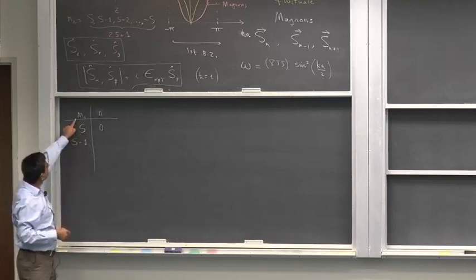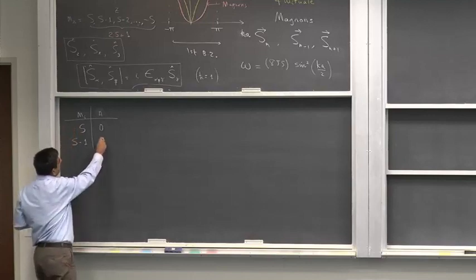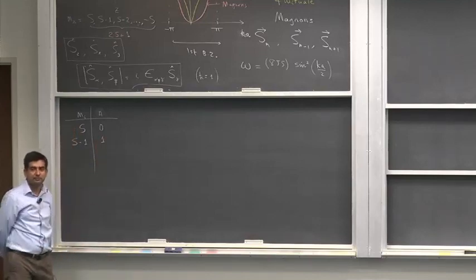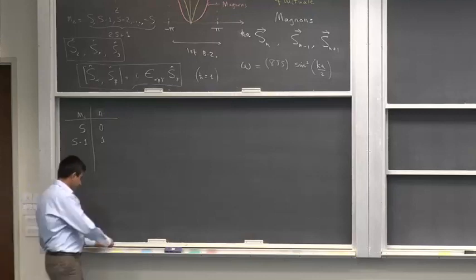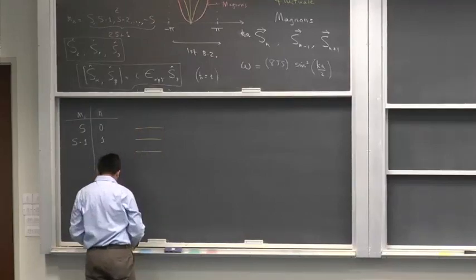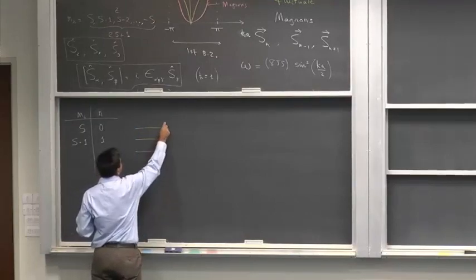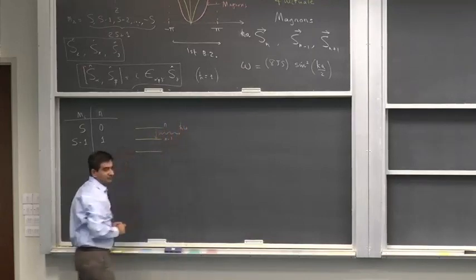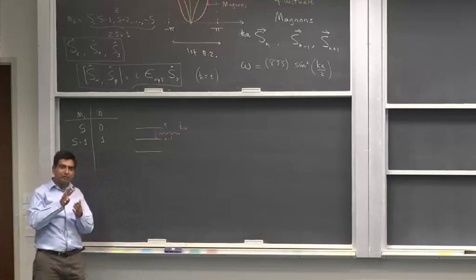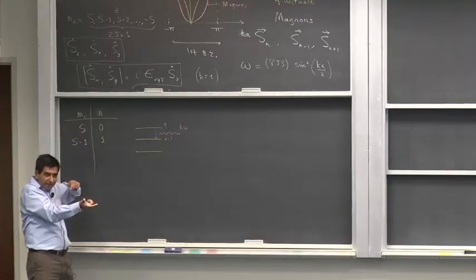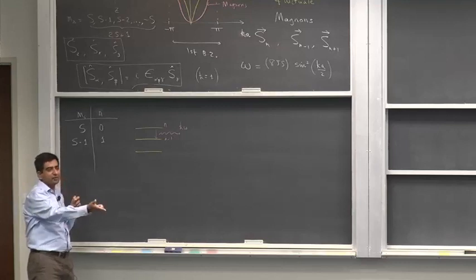So corresponding to this value of ms, there is one Magnon in the system. We have created a particle. It's just like having a two-level quantum system or a multi-level quantum system. If the electron makes a transition from n to n minus 1, a photon is created of a certain frequency. So now the angular momentum of the system, the z component has decremented by 1, it injects a Magnon into the system.